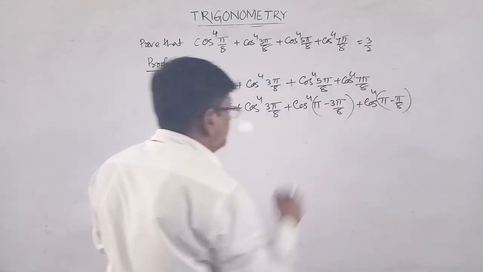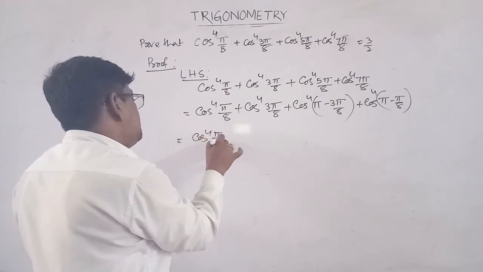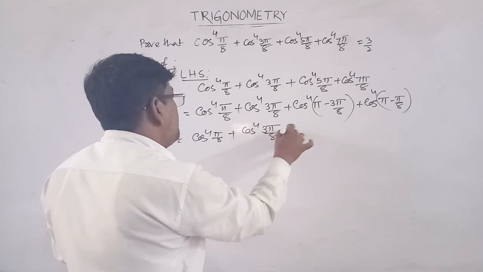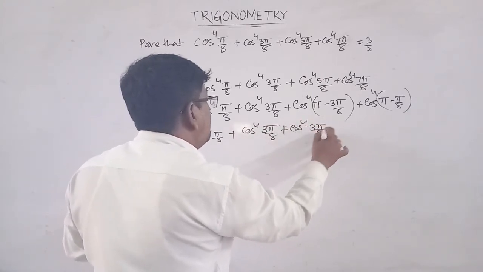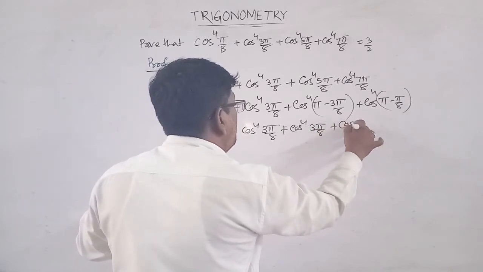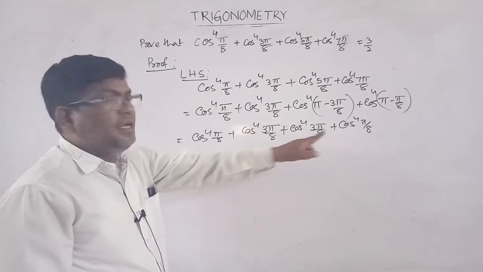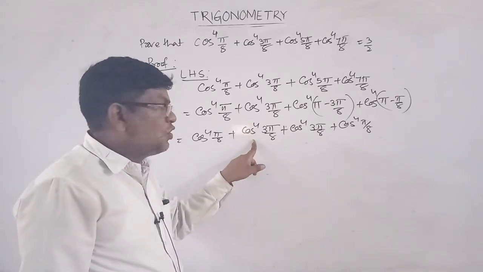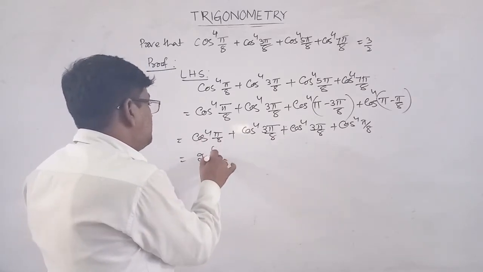So this is cos 4th pi by 8 plus cos 4th 3 pi by 8 plus cos 4th 3 pi by 8 plus cos 4th pi by 8, which is 2 cos 4th pi by 8 plus 2 cos 4th 3 pi by 8. So take common here.